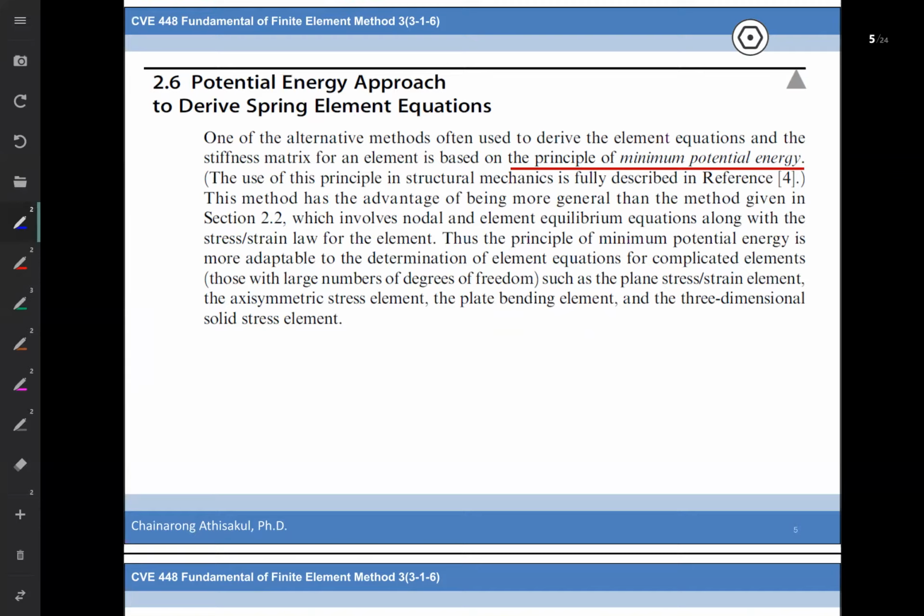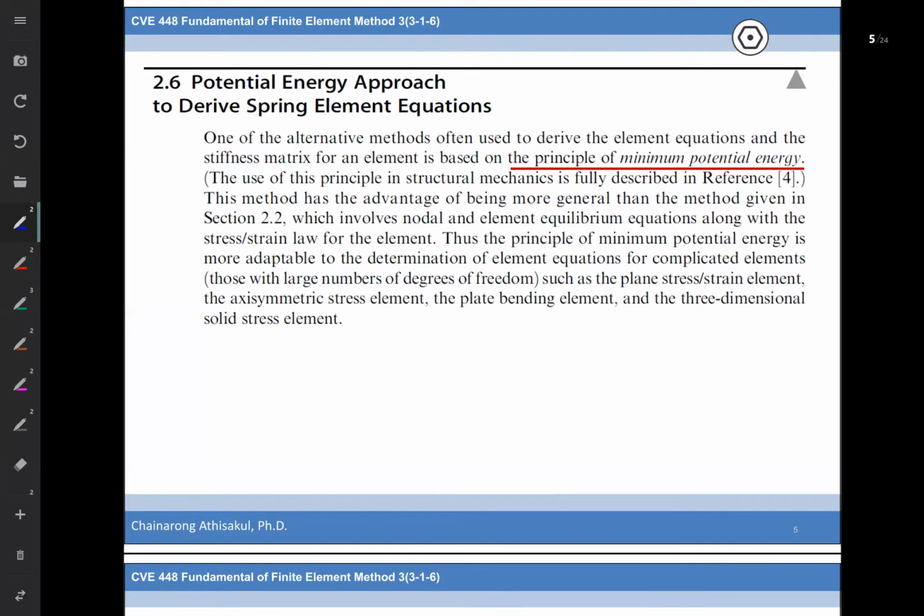For our course, we scope the problem to only linear, elastic, and conservative problems. According to that, the principle of minimum potential energy can be applied.